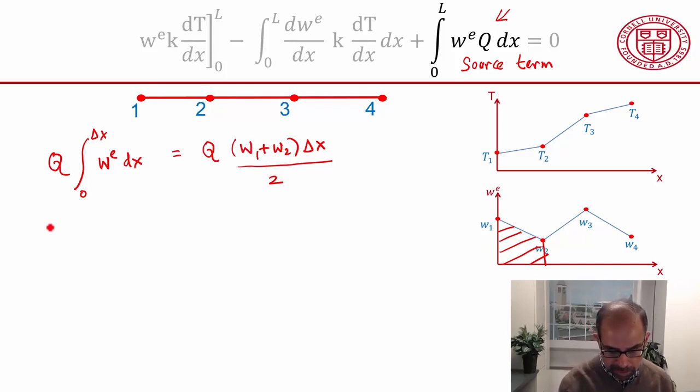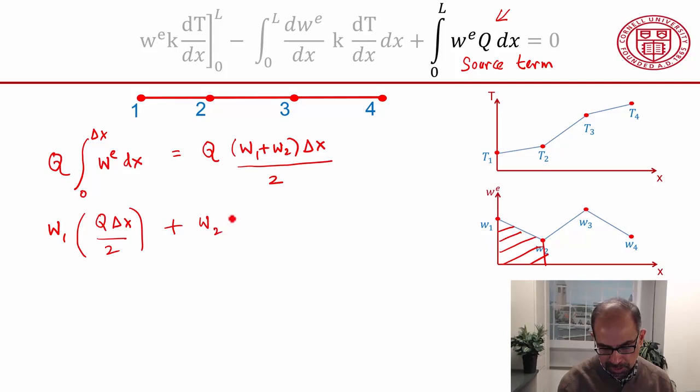So the part that depends on w1 is going to be q delta x over 2, and the part that depends on w2 is going to also be q delta x over 2.